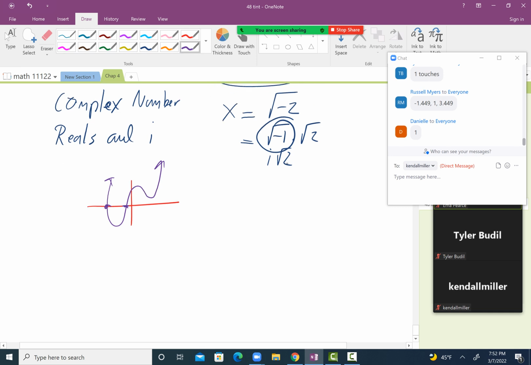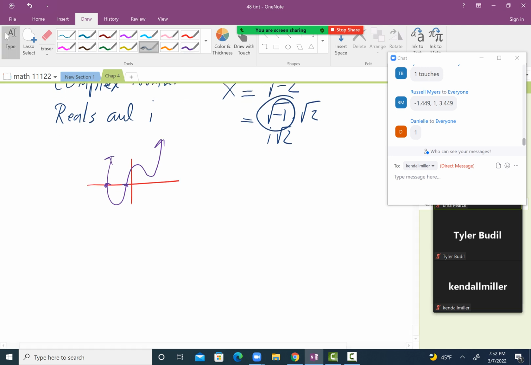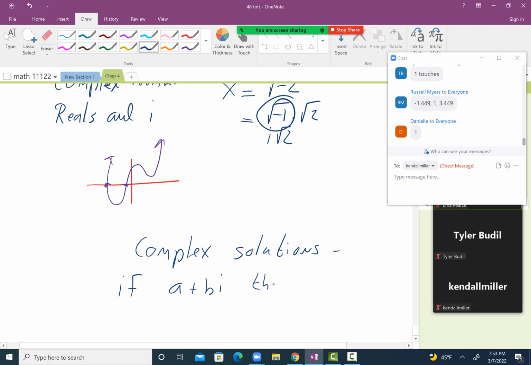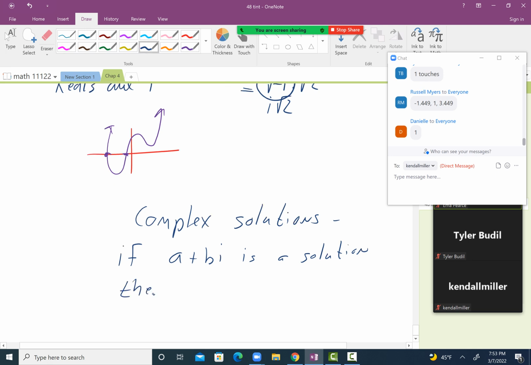One of the other things that goes along with that fundamental theorem of algebra is that in complex solutions, if a plus bi is a solution, that means if one number is imaginary, then a minus bi is also a solution.